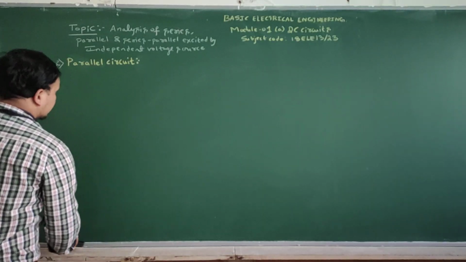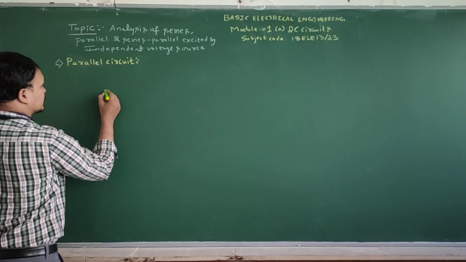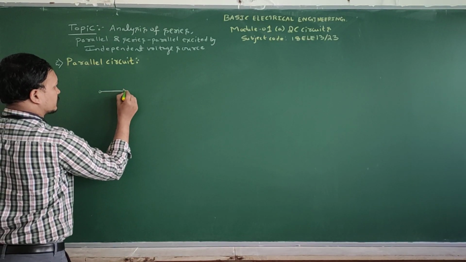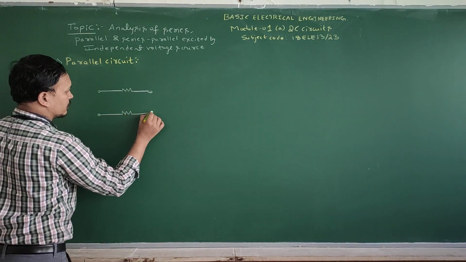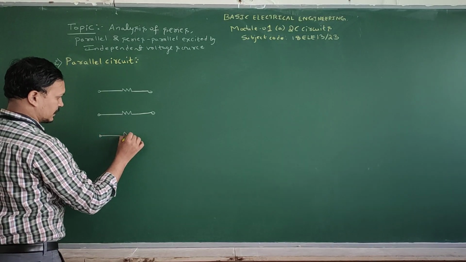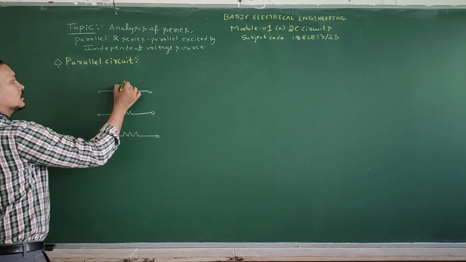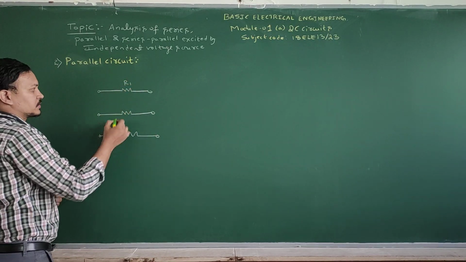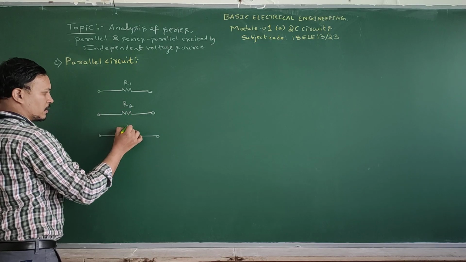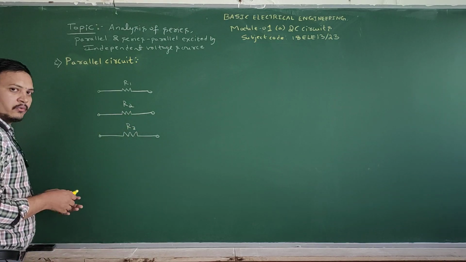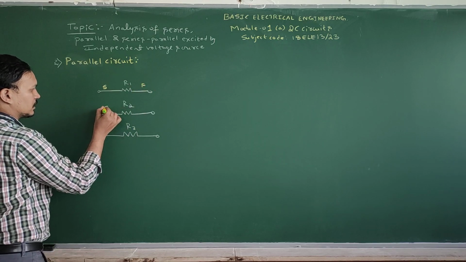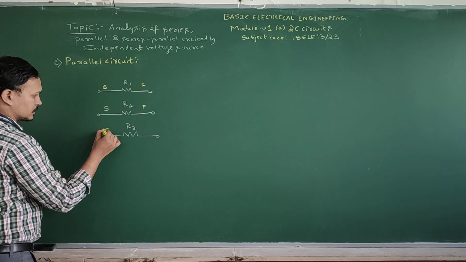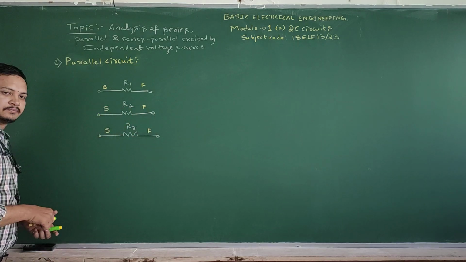So we can start. We know that a number of elements are connected in such a way that we can take the elements R1, R2 and R3. We know that every element has a starting end and a finishing end.